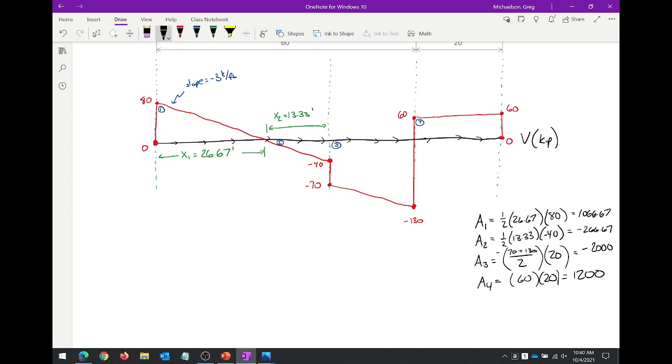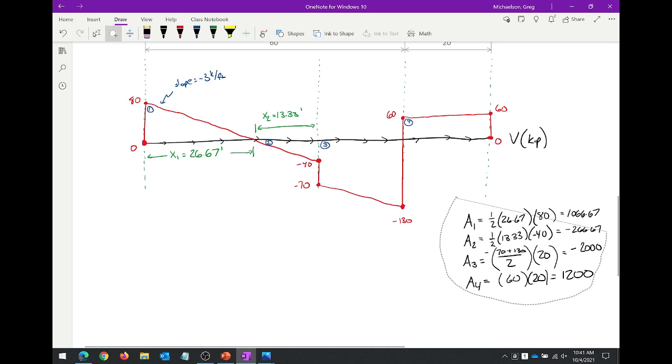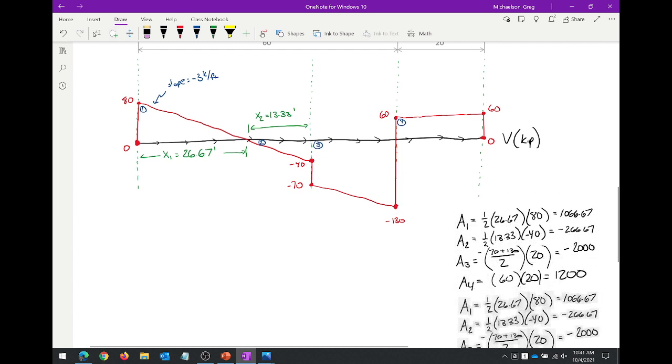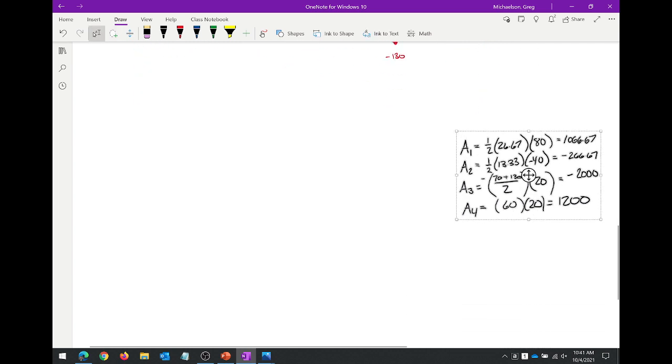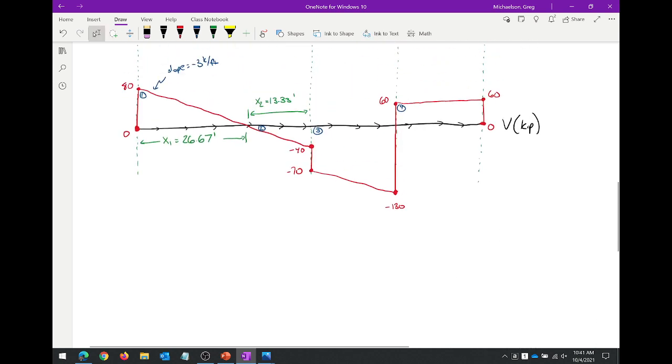All right, what do you think? So far so good? Okay, all right. If it's okay, I'm going to take these areas and sort of move them out of the way. I'm not going to get rid of them, I'm just going to move them. Okay.